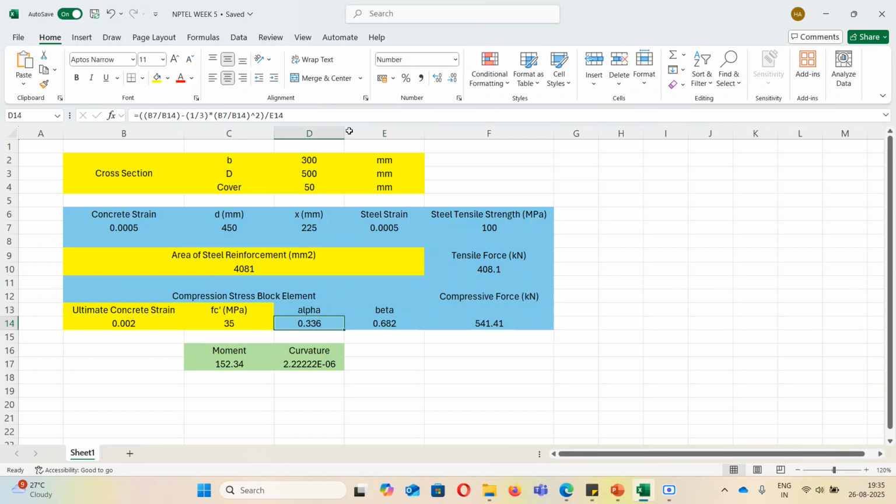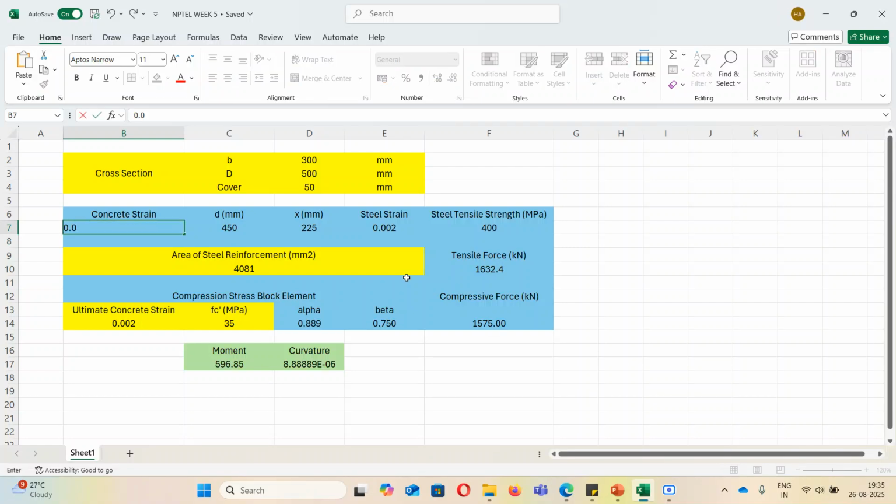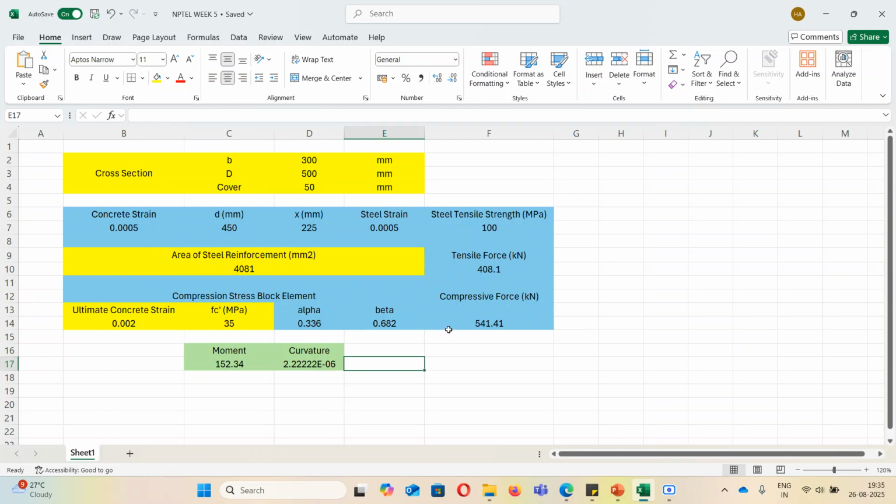I have placed the equations directly here. As I change the strain, alpha 1 and beta 1 will automatically update. They will only change when I make a change in the concrete strain. Knowing all these four values, I can calculate the compression force.